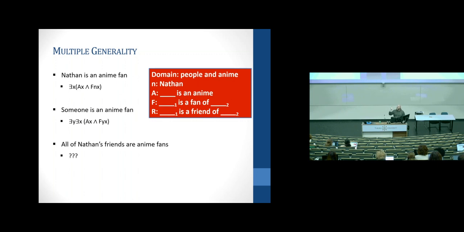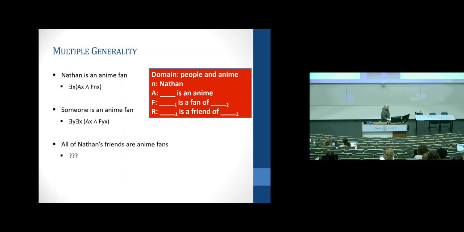One of these is going to be for me. You just use my name. And the last one is going to be for the anime that my friends are fans of. But note, does this sentence say that there is one anime that all of my friends are fans of? So we've got to be sure to put the existential inside the universal.